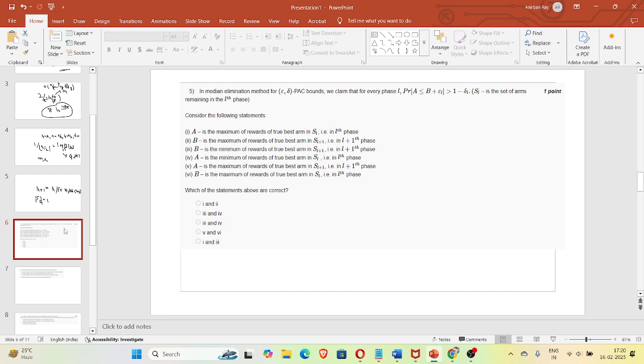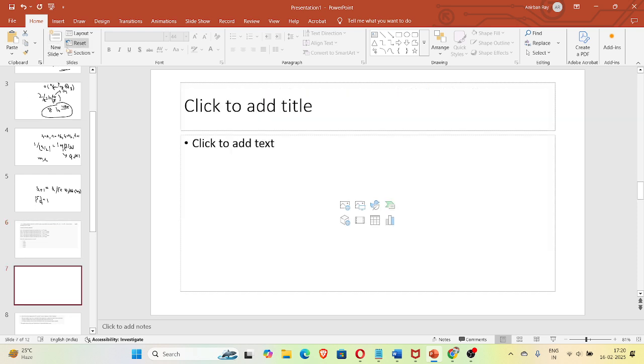Now, in the median elimination method, the lemma states that for every phase, first we are taking up to l steps.